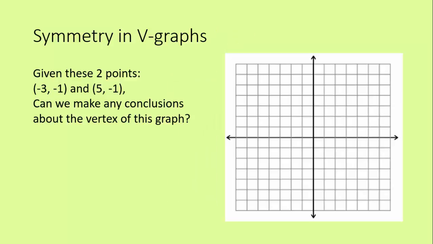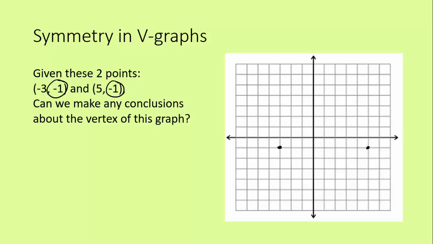Let's consider the symmetry characteristic of v-graphs. I'm going to plot these 2 points, and this is the only given information about this graph. So we've got a point at -3, -1, and also at +5, -1. Now, based on what we just observed in the previous 2 graphs, since these 2 points both have the same y coordinate, we do know a little bit more information.